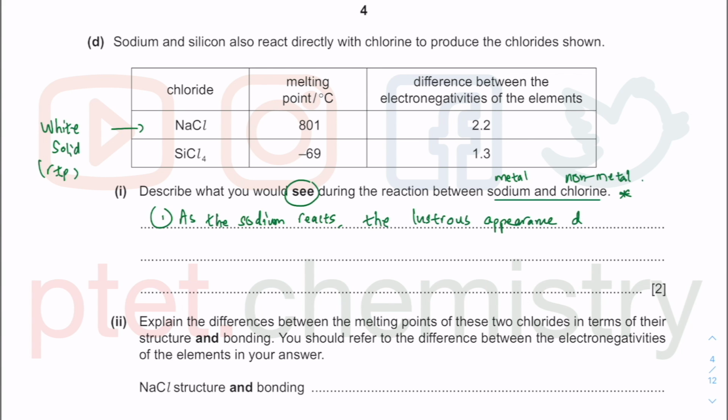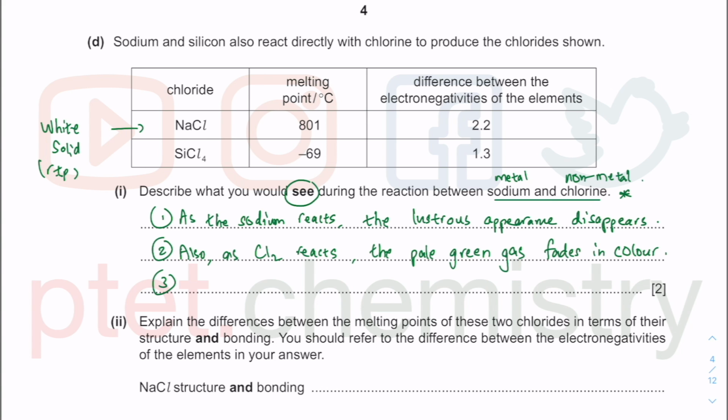It will fade away as it reacts. Also, as the chlorine reacts, the chlorine exists as Cl2 molecules, a pale green gas. The pale green gas will fade in color. It gets lighter and lighter as it reacts.